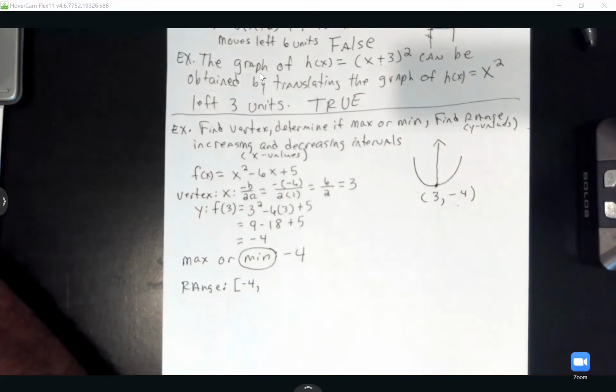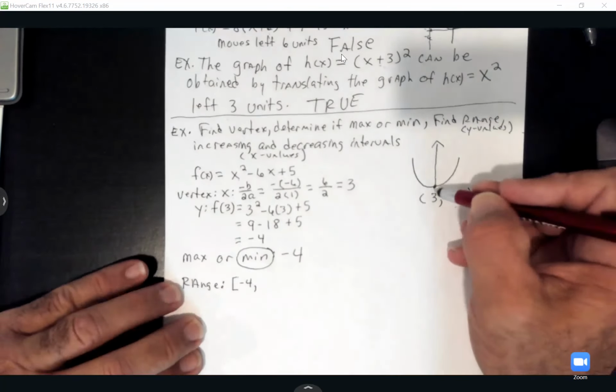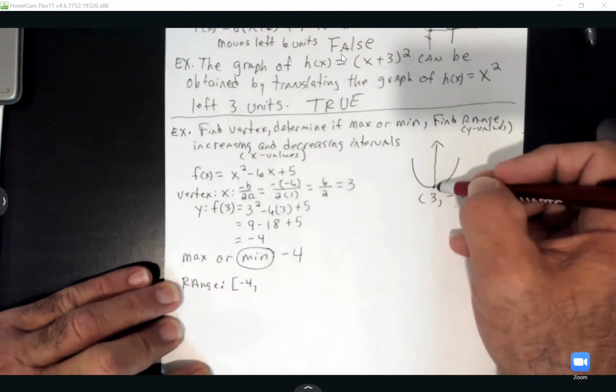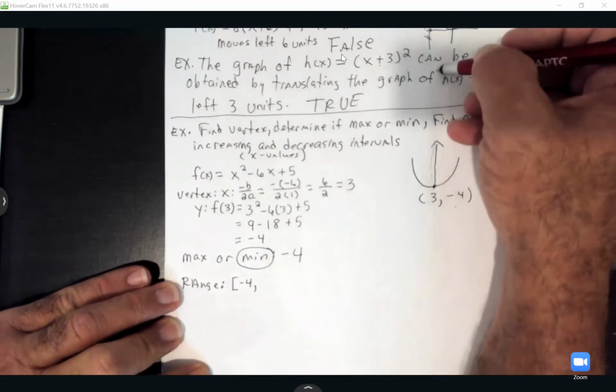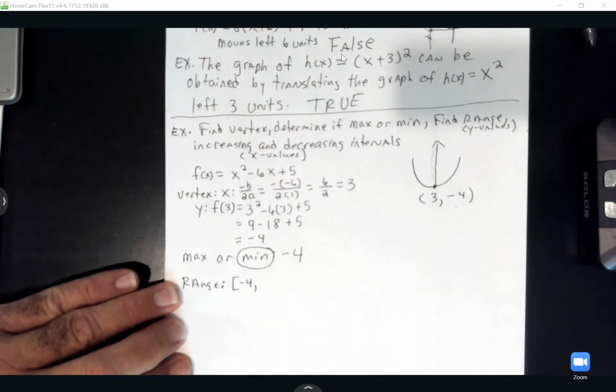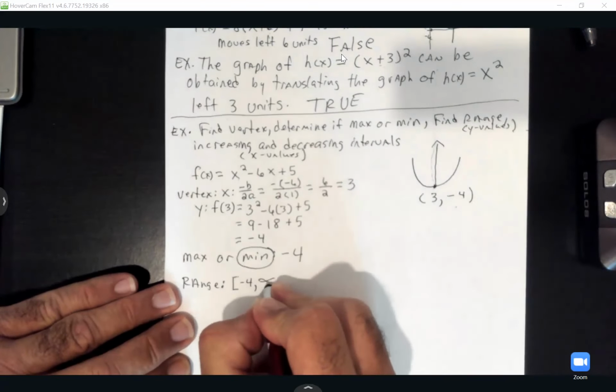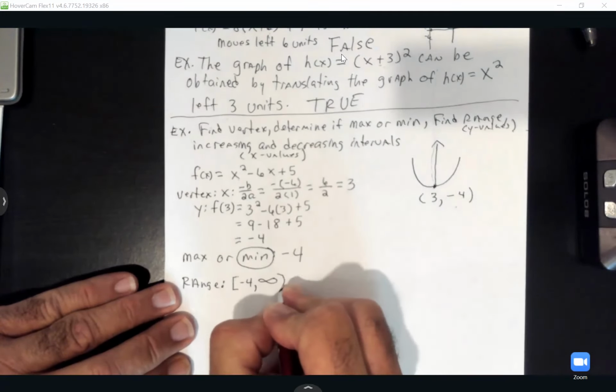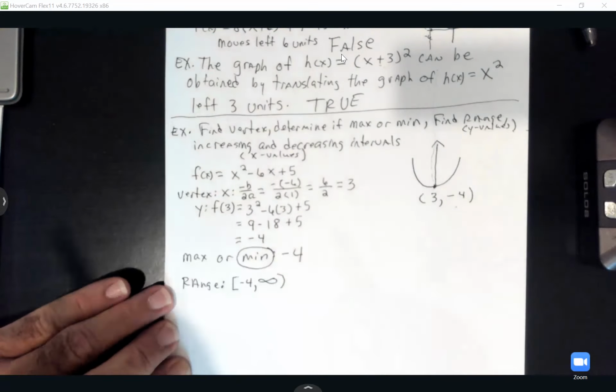So y'all, here's the question. My range starts at -4 on the y-axis, and it goes up and up and up. We say that's headed towards what? Infinity. Good job. And remember, infinity always has to have a curved parenthesis.